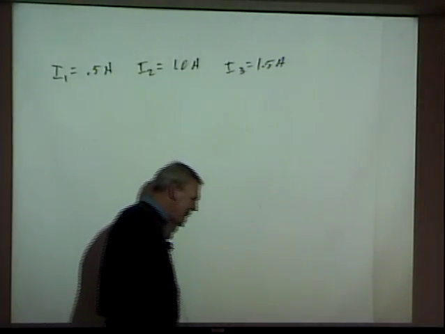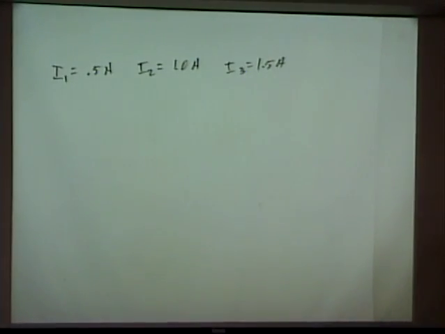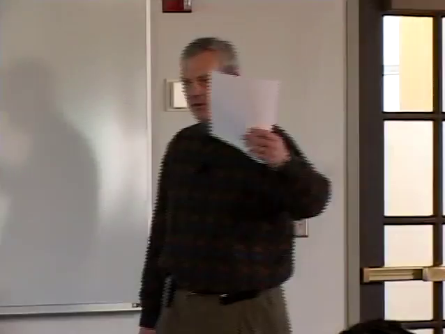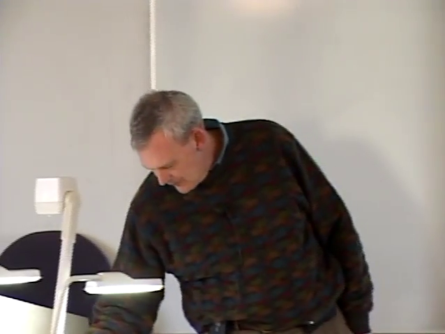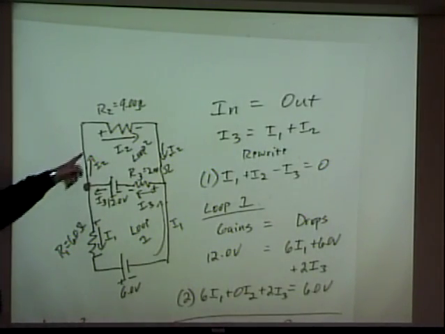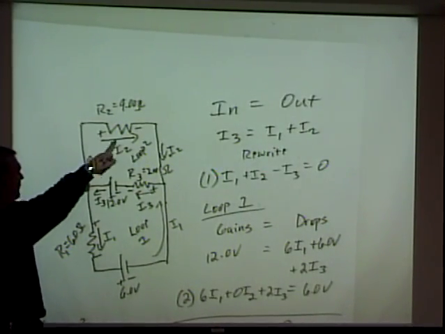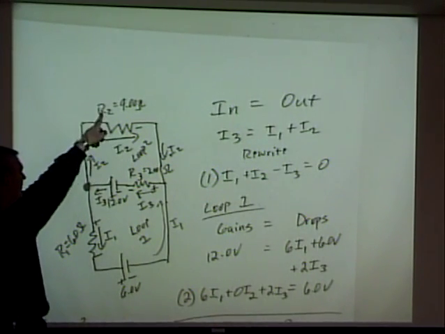Now, the book asks, how much power is being dissipated in the R3 circuit? Well, what does power equal? I times V. Okay? Or I squared R, actually. So if you want to look at the R2 circuit here, power equals IV, where V is equal to I2 times R2.